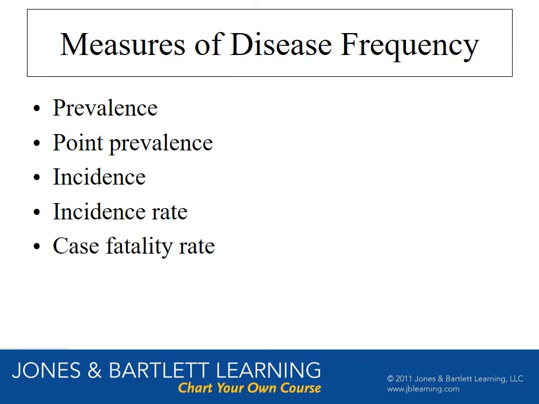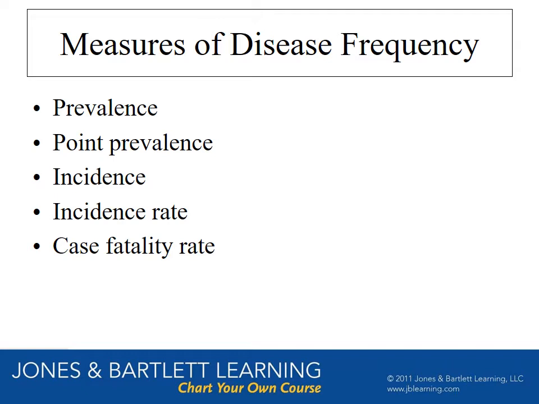Once we've identified our measure of interest for disease, be it self-reported respiratory illness or clinical diagnosis of pneumonia, we can then use measures of disease frequency, like prevalence or incidence, and measures of association, like incidence rate, to compare exposures of interest.